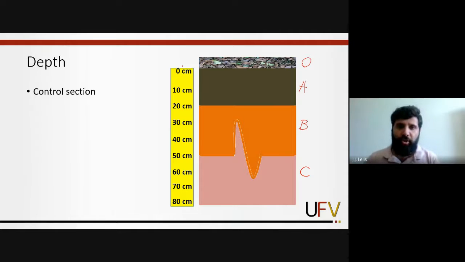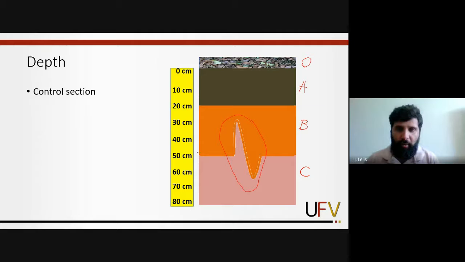I'm showing you a tape with some measurements. So I ask you all to take some minutes to note which is the end and the start of each horizon. Okay? And we have a big problem here. So how can we solve this problem?